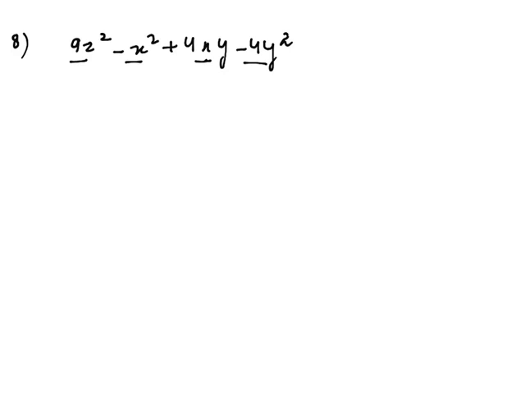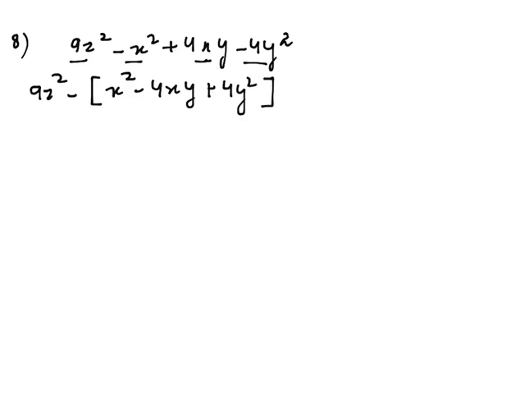So we will change it into some identity we can use. Here we can write 9z square, and if I take minus common among these, inside the bracket I write x square minus 4xy plus 4y square.